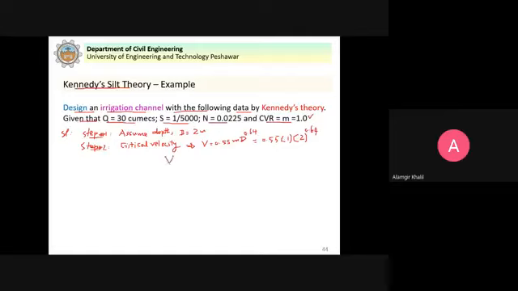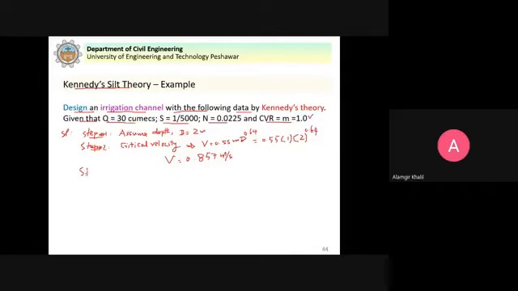So we calculate the critical velocity here. Now this comes out to be 0.857 meter per second.